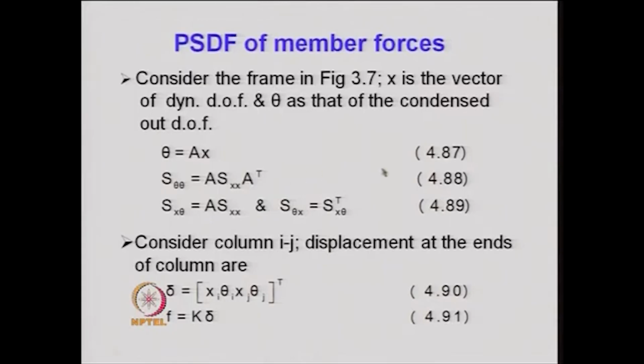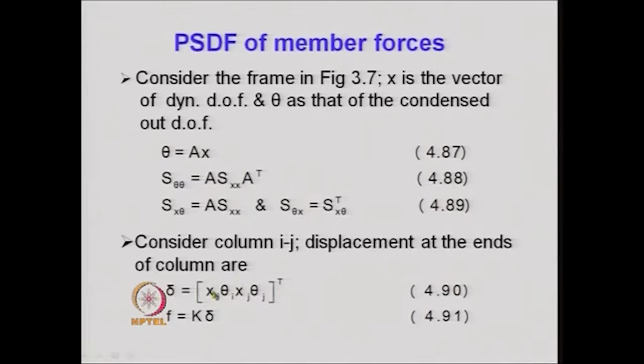Now, for example, if I take this column ij that I had shown in the figure, then the values which are required to find out the bending moment at the ends i and j are x i, theta i, x j and theta j. So, these are the particular displacements and rotations which are required.